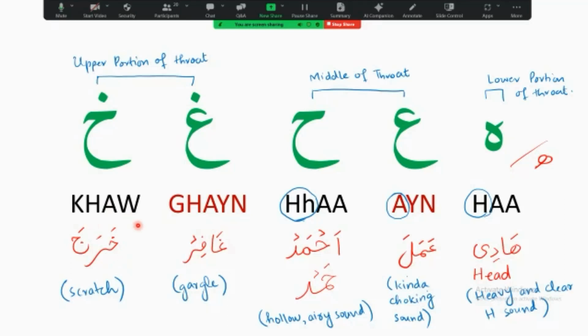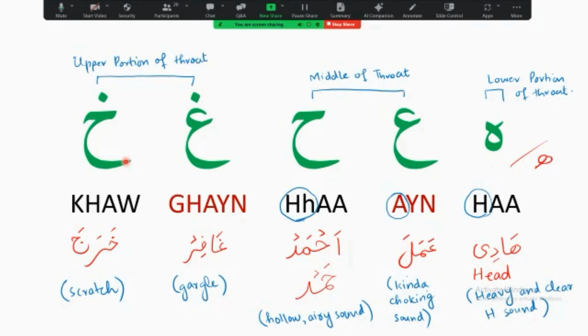Kha. Okay. So we have done these five letters, and I can repeat these sounds one more time quickly. So this is letter ha, this is letter ayn, this is letter ha, this is letter ghain, this is letter qa.